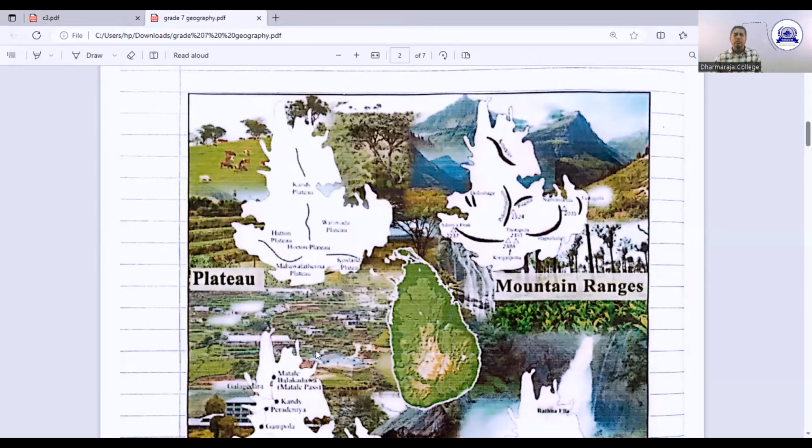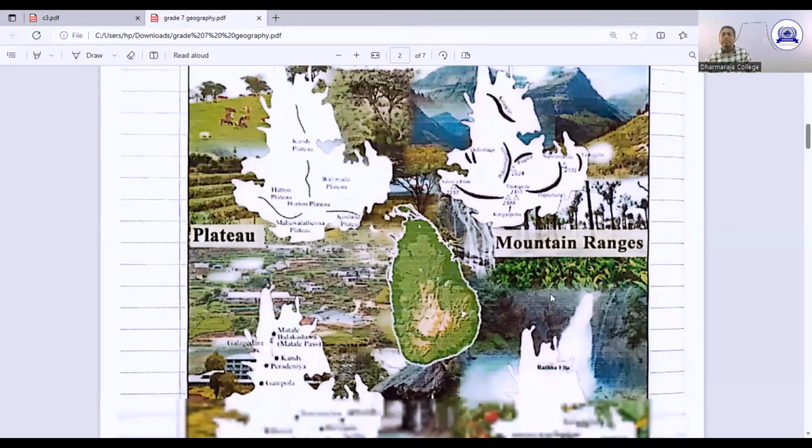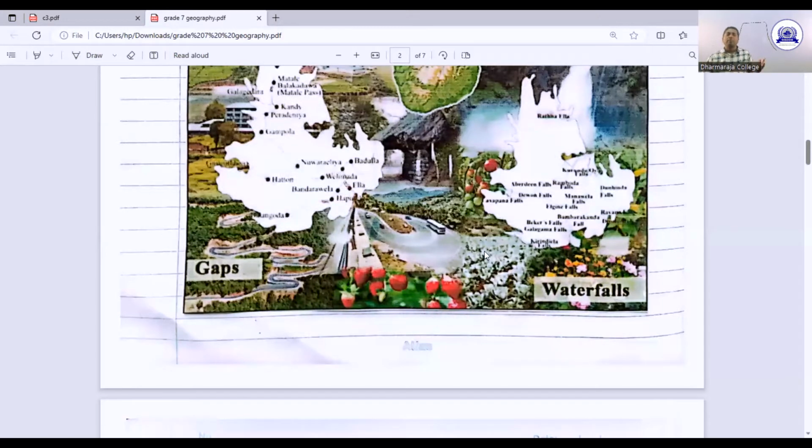What are the plateaus which are found in Sri Lanka? You can find the names of them. We are going to find the names of the plateaus. Then you can see the mountain ranges. There are a number of mountain ranges, as well as a number of gaps and waterfalls.